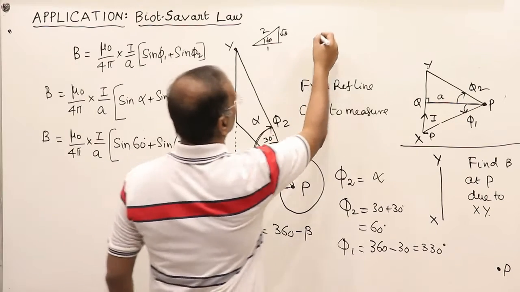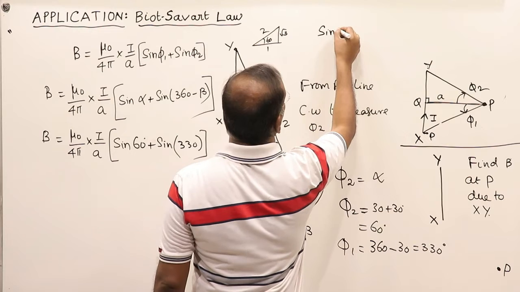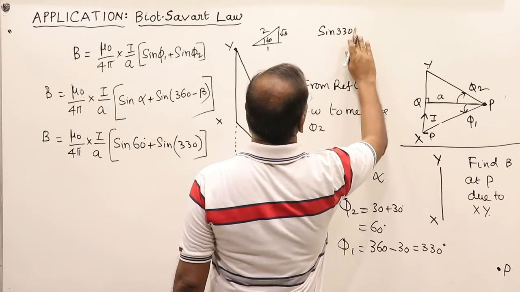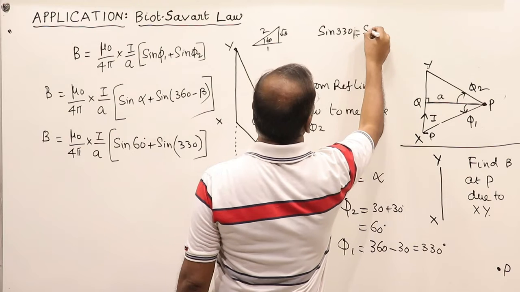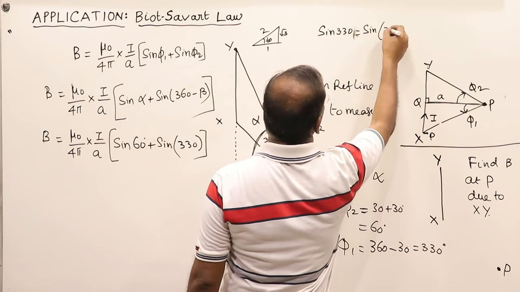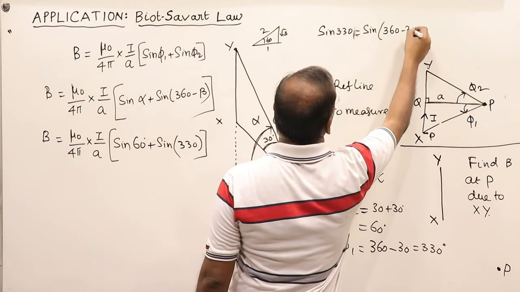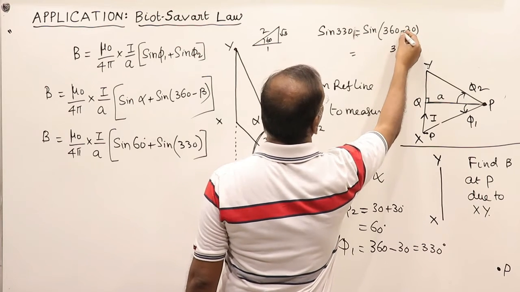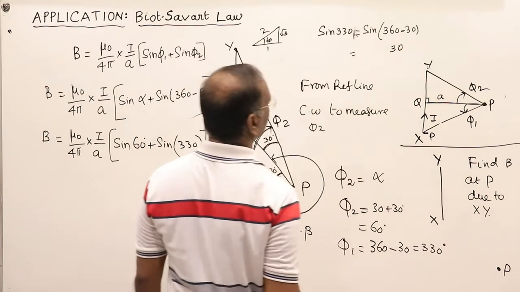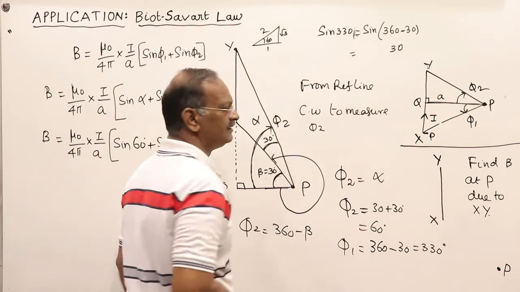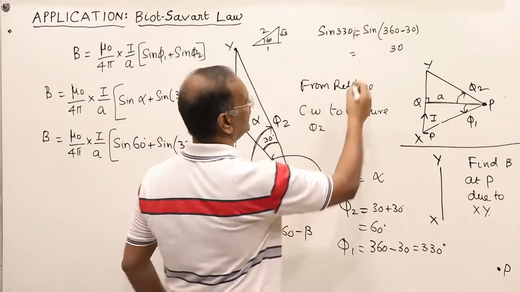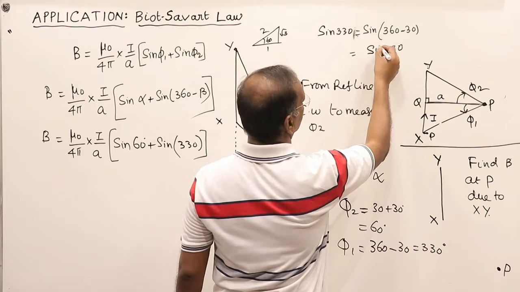Sin 330 can be written as 360 minus 30. Whether it is plus or minus 180 or 360, this will not change, this will remain as it is.